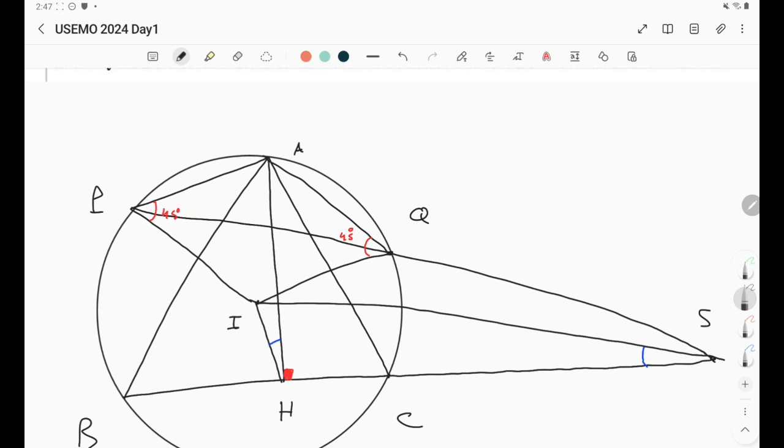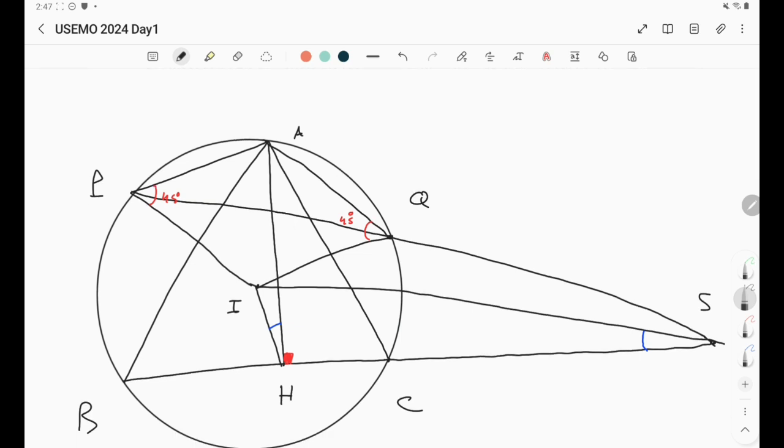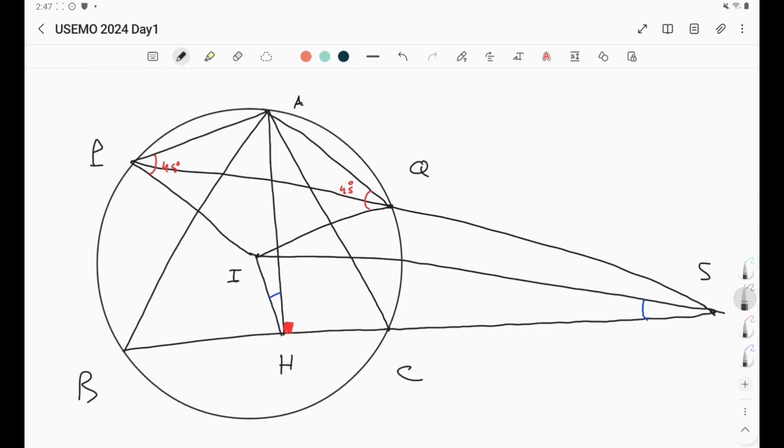Alright, let's get started. Let's have a look at our question now. As you can see, all of these points are cool: I, H, B, C are the original triangle. The only problem is this definition for these 2 weird points.